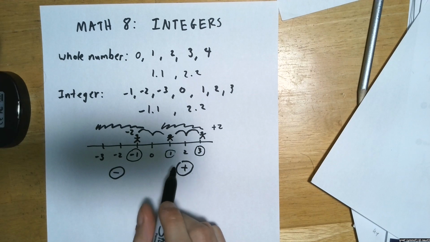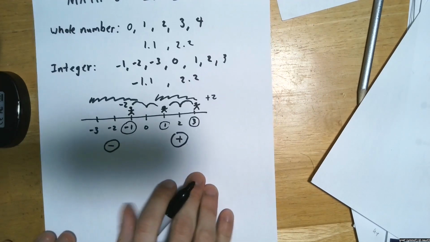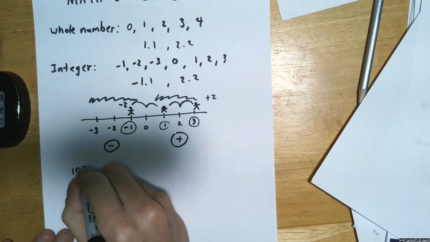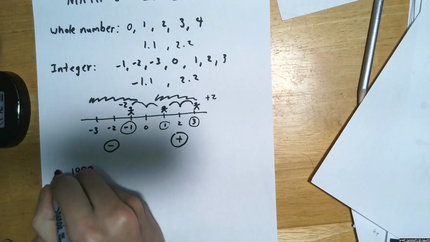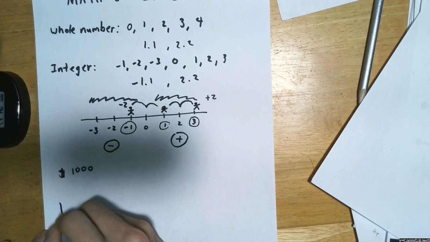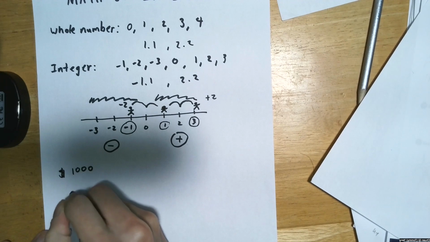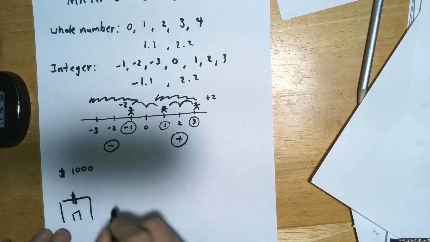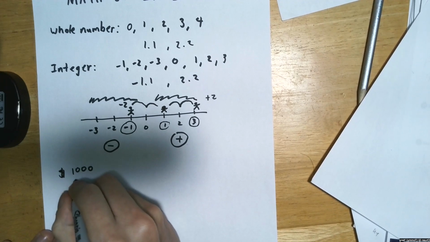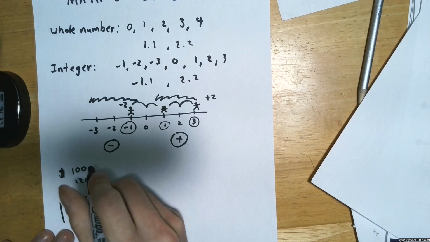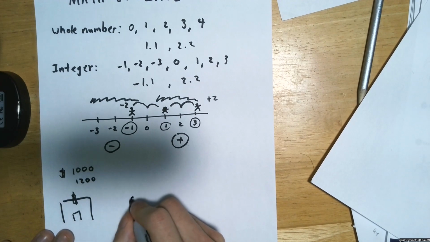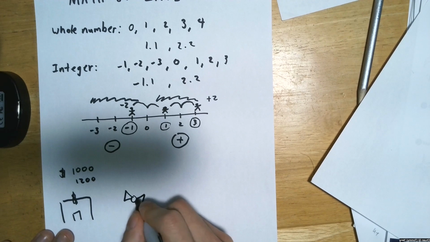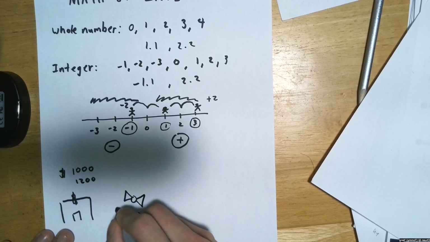So this sort of idea of working with negative numbers is something that you should be familiar with for other stuff as well. An example is, let's say you have $1,000 in the bank. Let's say we can draw a bank here, big money sign and a door. But let's say you wanted to take out $1,200 from the bank, because let's say there's a candy that you really want that costs $1,200.